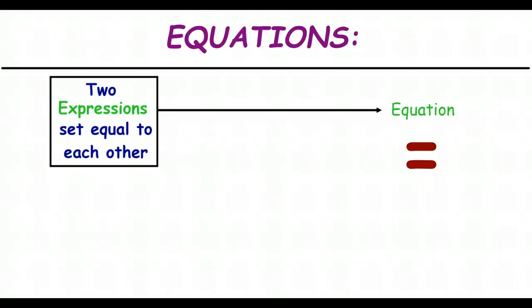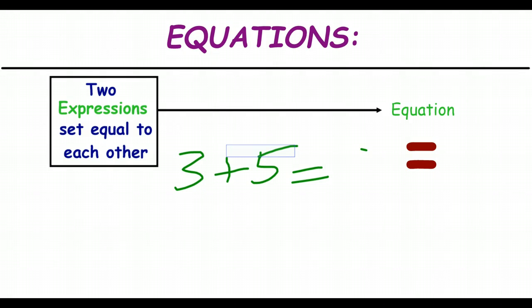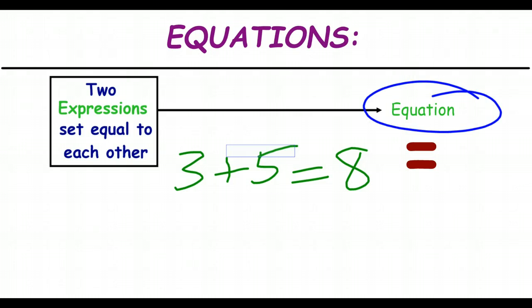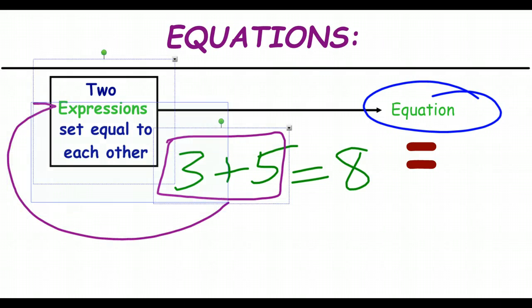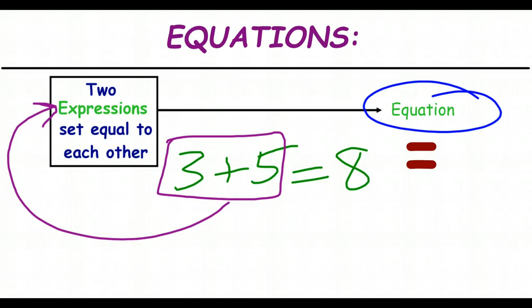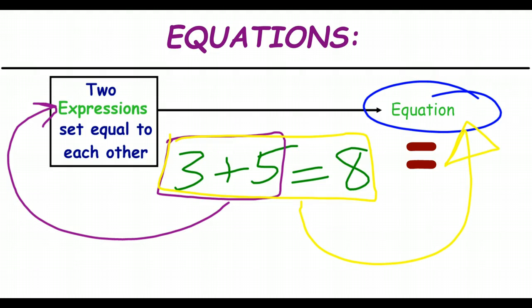When you set two expressions equal to each other, and that relationship is true, then it becomes an equation. One singular half of that, 3 plus 5, is an expression. What you get when we set both expressions equal to each other, the entire set, two expressions set equal to each other, we get an equation.